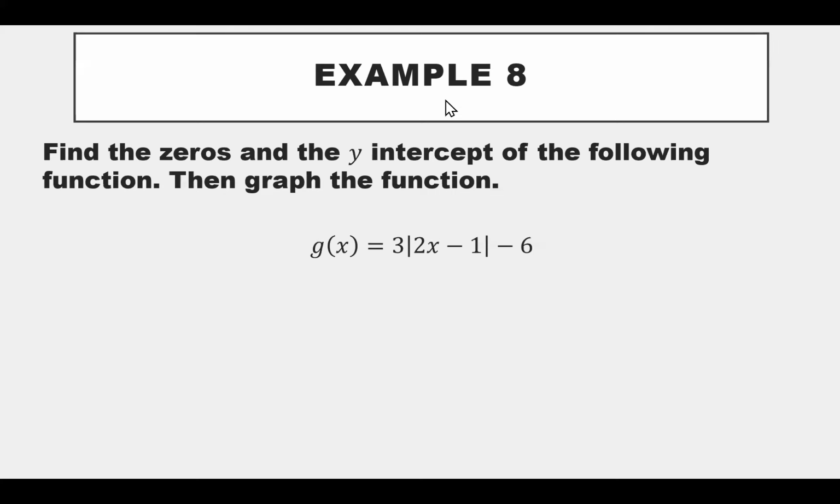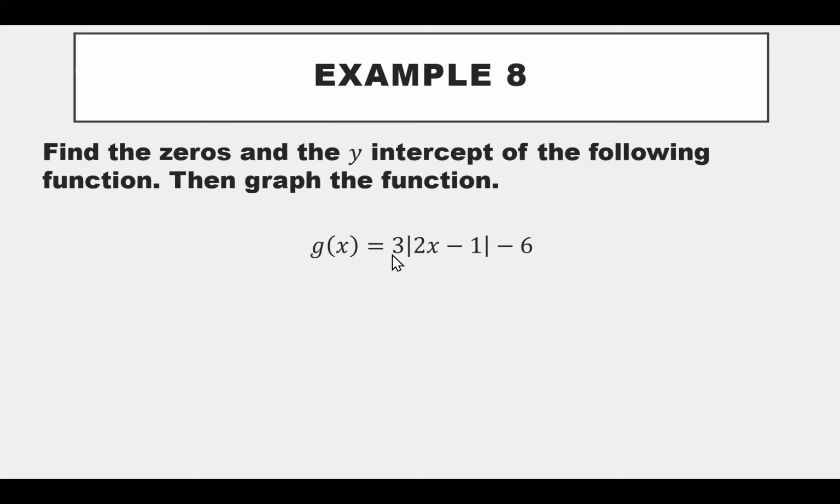Now, the last example has a slight change in terminology. We're going to use the terminology of zeros instead of the terminology of x-intercepts. And we're going to be asked to find the zeros and the y-intercept of the following absolute value function.